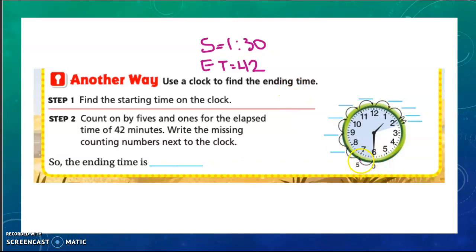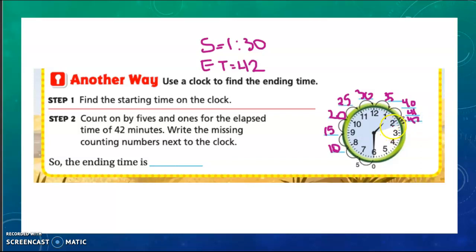So here they counted 5, this would be 10, this would be 15, 20, 25, 30, 35, 40, and then I count by 1, so it'd be 41, 42.